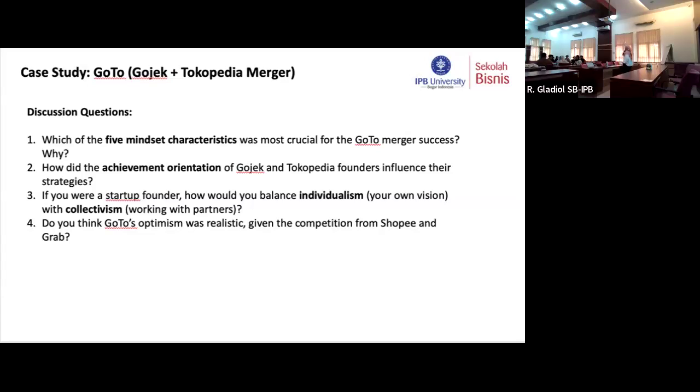Okay, so at first you believed that it was not that realistic. But right now the data shows the number of consumers, margin, and capital, so Shopee and Grab are larger than GoTo.